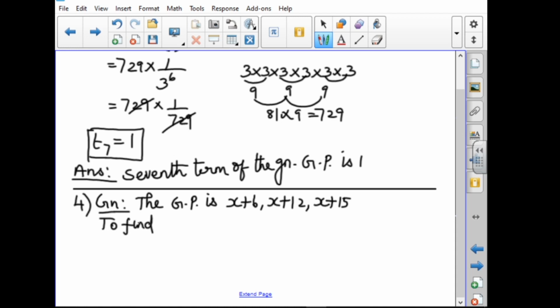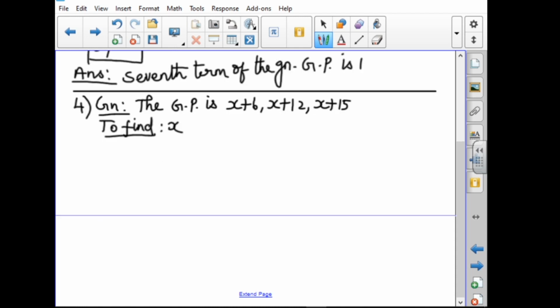It is given GP, so here the terms we take as T1, T2, T3. Three terms are given, it is a GP.